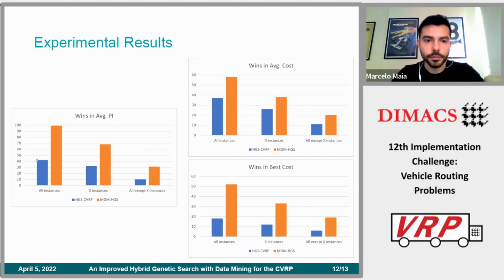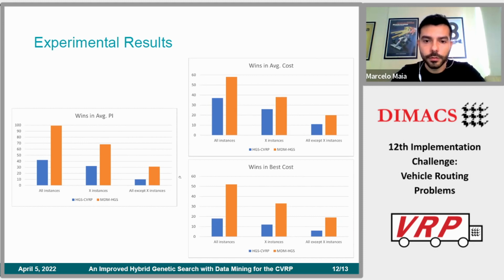The blue bar is the one corresponding to the original HGS-CVRP, and the red one to our method, which we can show from these charts had a large advantage against the original method, not only on average primal integral, but also with respect to the cost of solutions. And this is a great result, since HGS-CVRP is one of the best methods for CVRP.